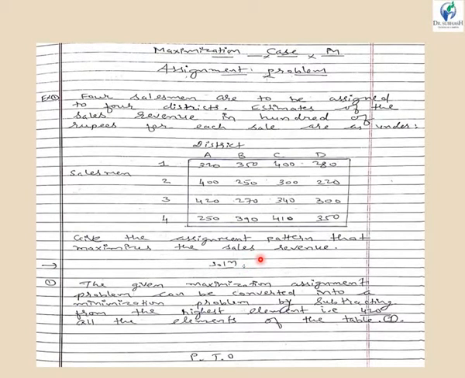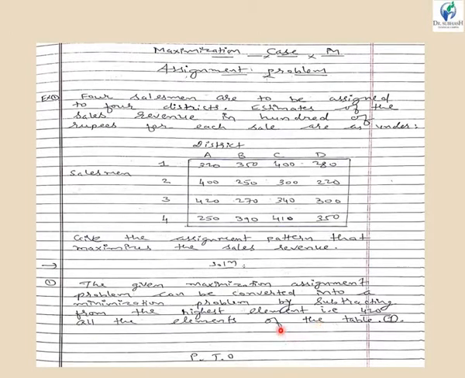What are the steps one needs to take to solve such examples? Once you have identified that this is a maximization problem, what is the first step? Your first step should be to convert the problem into a minimization problem, because the Hungarian method is only applied to the minimization case.